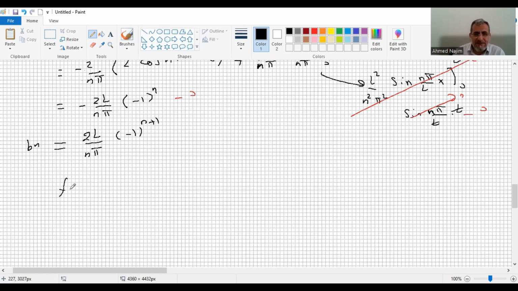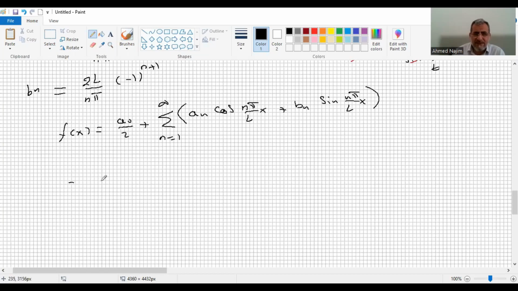So the Fourier series for f of x equals a naught over 2 plus sigma of an cosine n pi over L x plus Bn sine n pi over L x, where n is from 1 to infinity. Now, f of x is equal to x, a naught is 0, and an is 0.